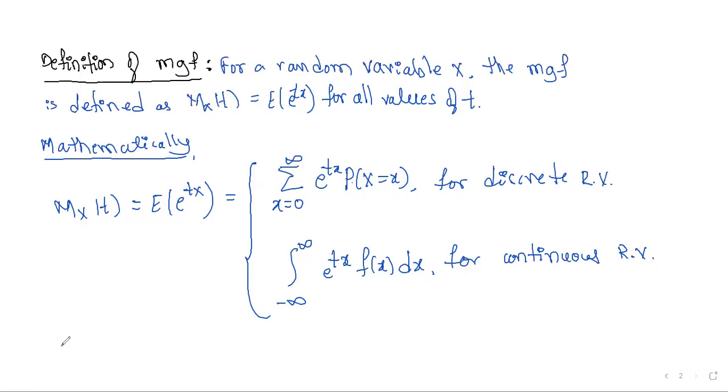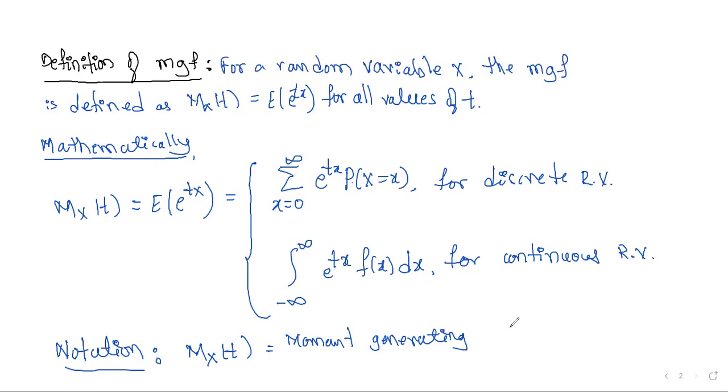Then the notation is very simple. Usually it is denoted by this one: the moment generating function of x in terms of t.